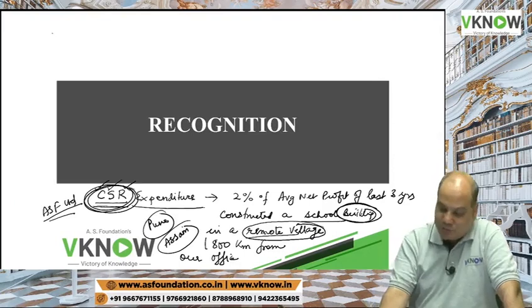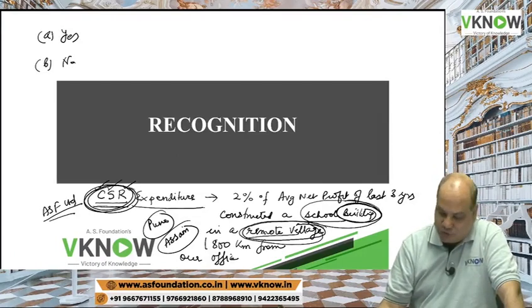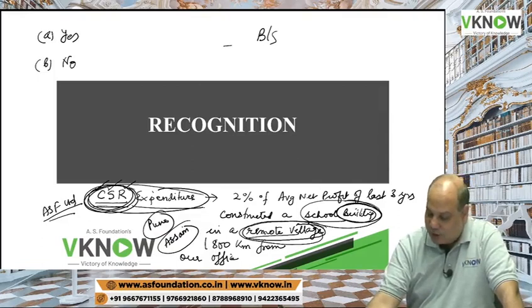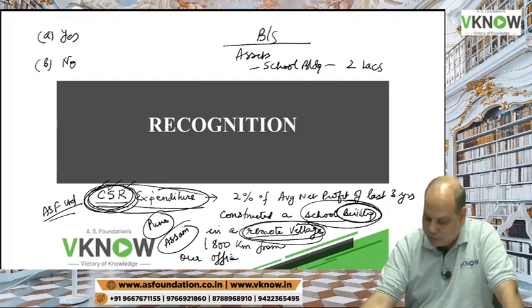Yes or no? Option A, yes. Option B, no. A small school constructed for 2 lakh rupees?